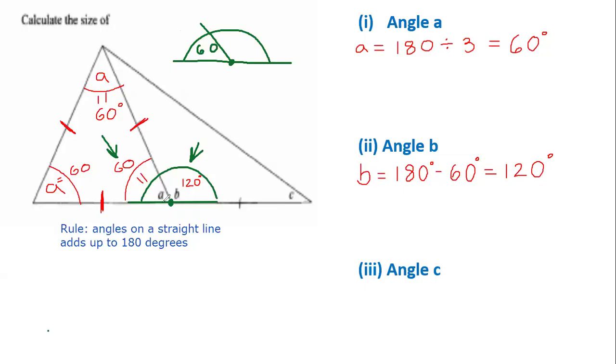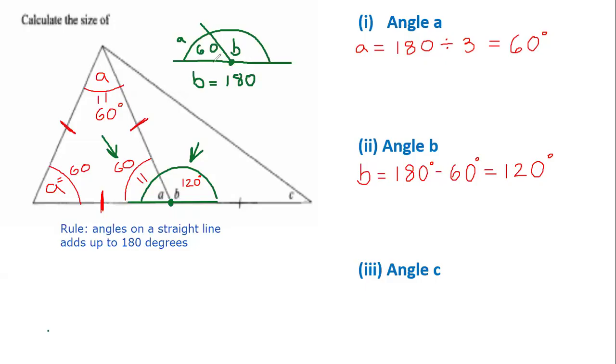So we already know, look carefully, what is the measurement of A? A is 60 degrees, so that's A. But in order for us to get B, what do we have to do? We know that angles on a straight line at a common point add up to 180 degrees.